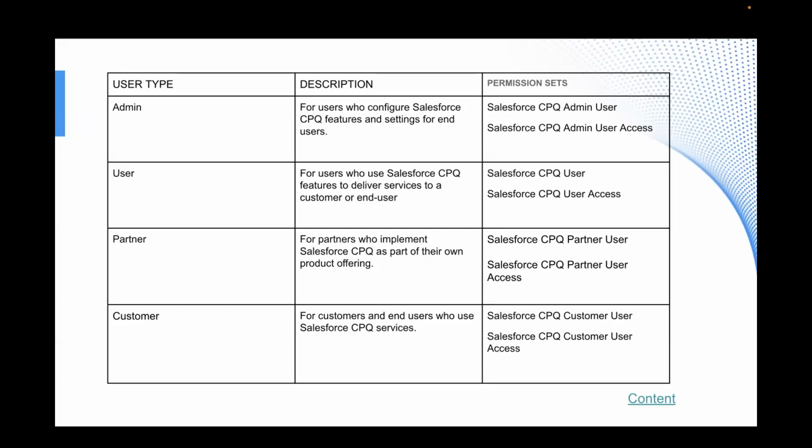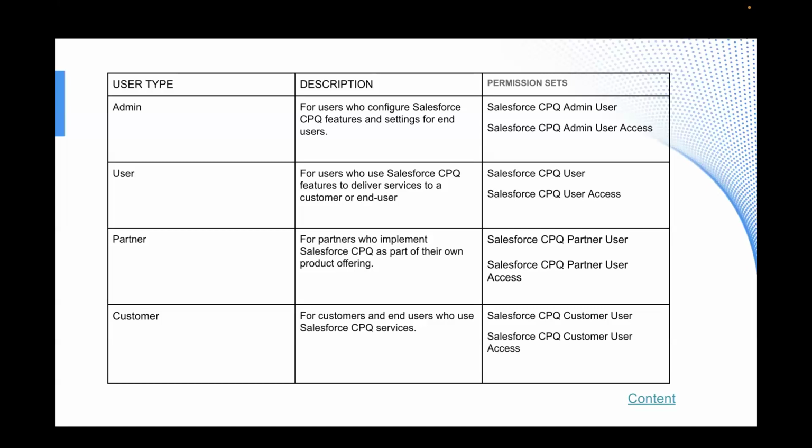So the users here are the normal sales users who would be generating a quote, who would be sending that quote to the customer or to the end user. For those sales users, we have these 2 permission sets. Either we can assign them Salesforce CPQ user or Salesforce CPQ user access permission set.